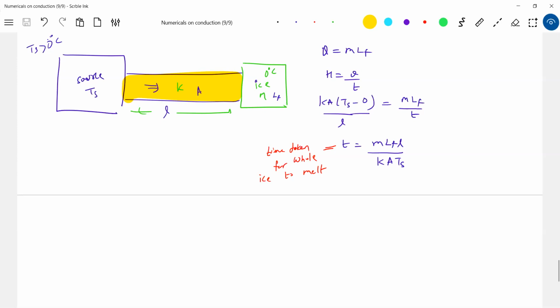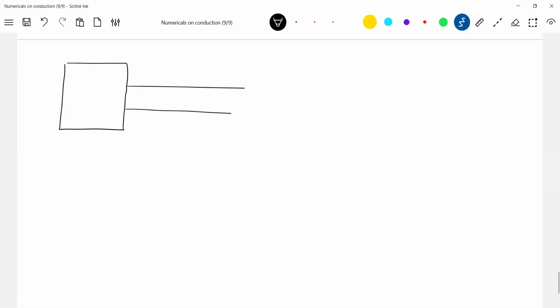Next, shall we take a situation where both the ends of the rod are connected to bodies? M1, S1, temperature T1; M2, S2, temperature T2. This is a thermal conducting rod. This is insulated.